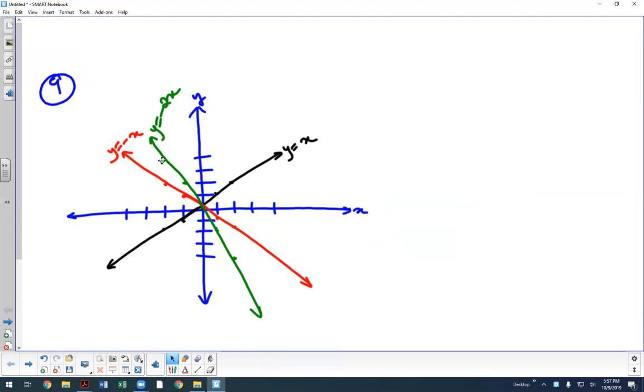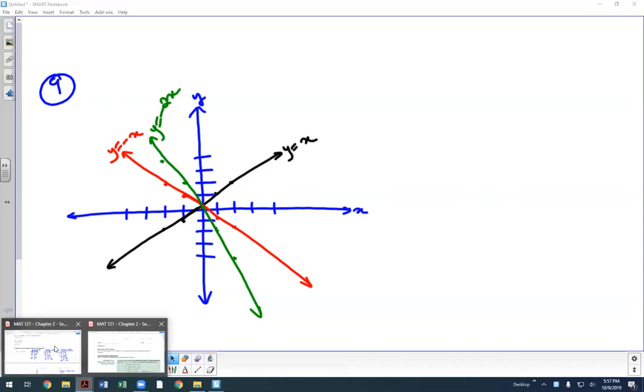So your slope, of course, increases, increasing the steepness of our graph. Okay, so that's almost to the end.